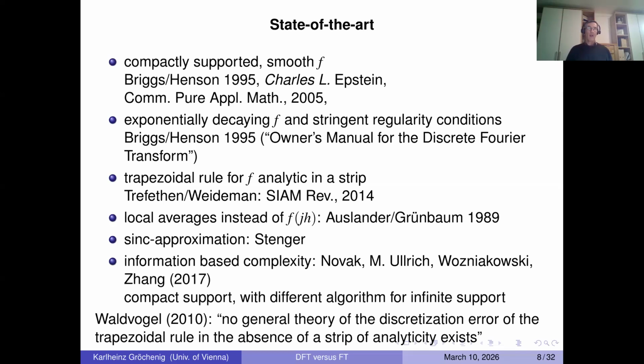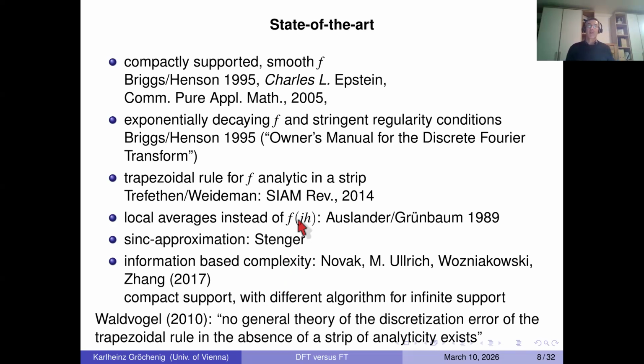For a large group of numerical analysts, that's the generic assumption. And Martin found a citation from 2010 that beyond analyticity, a general theory doesn't exist. Well, I would say in our work we disagree with that, because we could rewrite our paper and do such an error analysis for the trapezoidal rule.